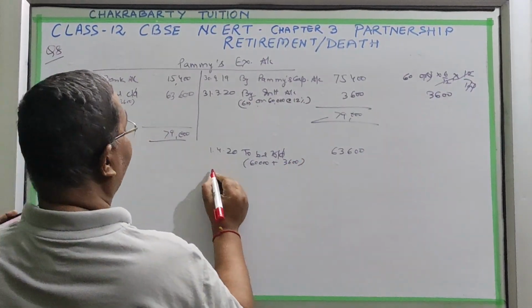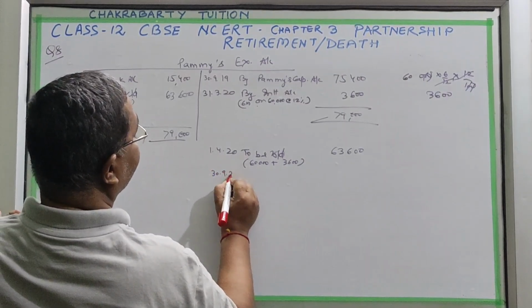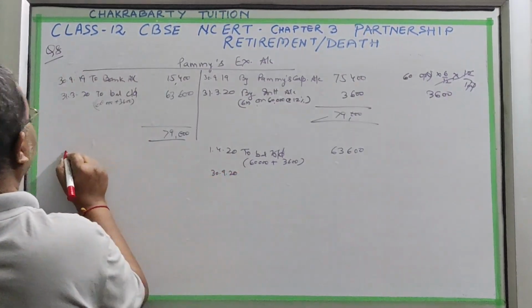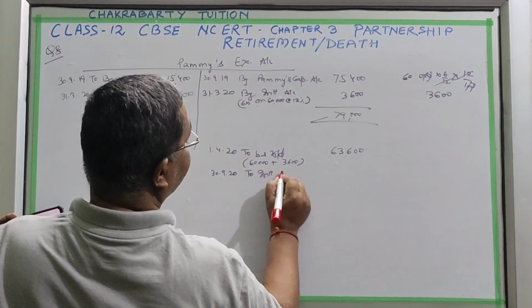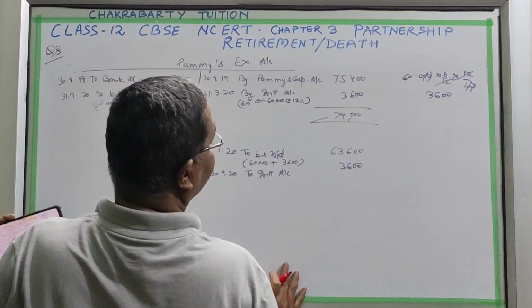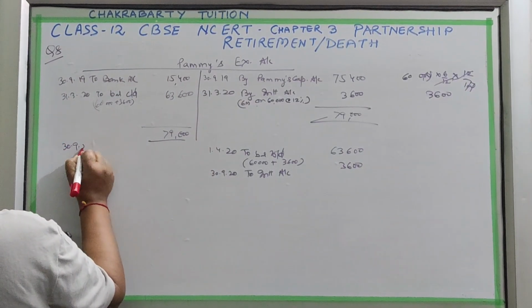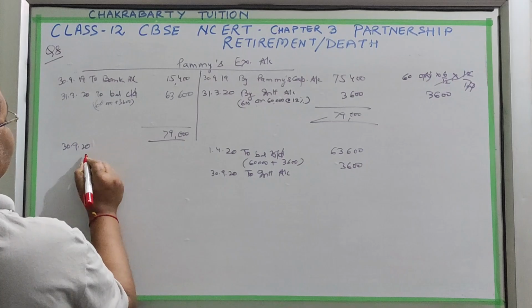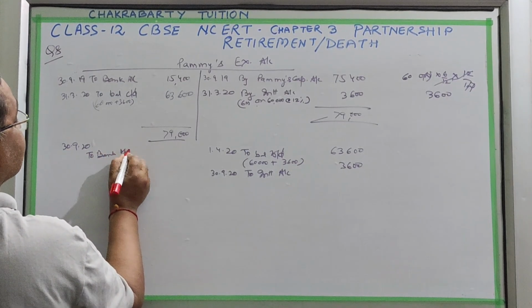Now again, on 30th September, after 6 months, he will be paid. So the 6 month interest again will come to 3,600. So how much will we pay on 30th September to the bank account?